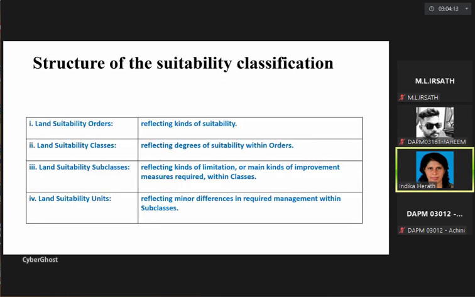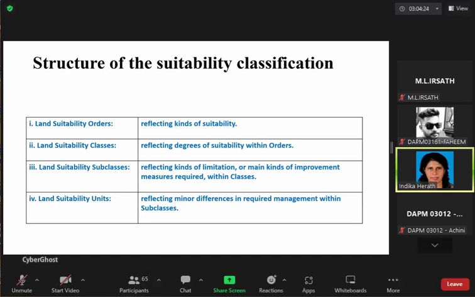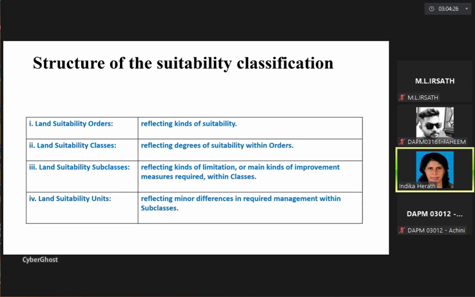So this is an example of how suitability classification is used for other categorization of needs, right? So you can see the structure of the suitability classification. The very first one is land suitability orders, and under the order there can be classes, right?